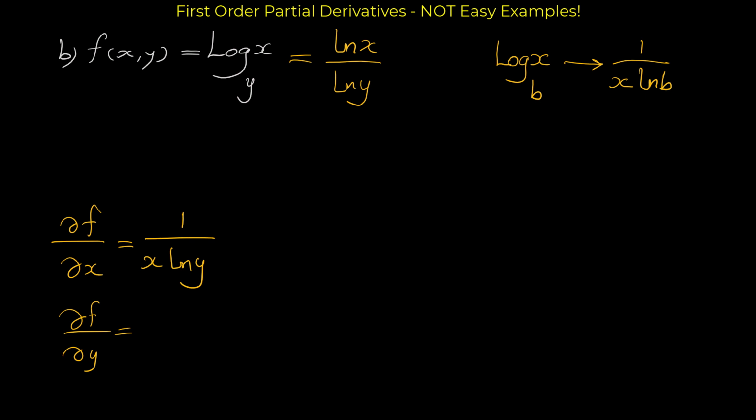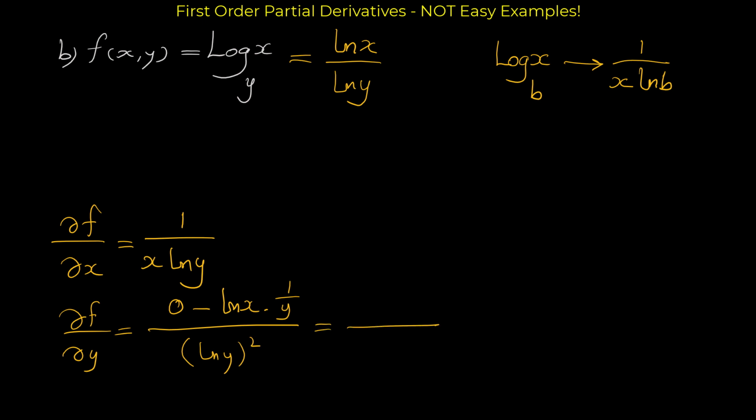We use the quotient rule. Based on the quotient rule, the derivative is the derivative of the top, which is 0, times the bottom, which gives 0, minus the numerator times the derivative of the denominator. Remember, the derivative of ln of x is 1 over x, so the derivative of ln of y is 1 over y, all over the denominator squared.